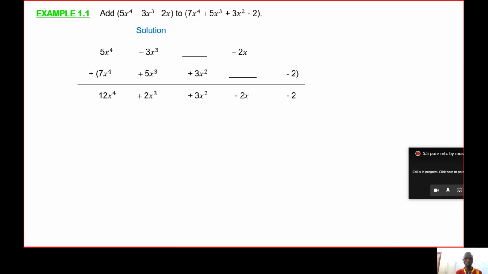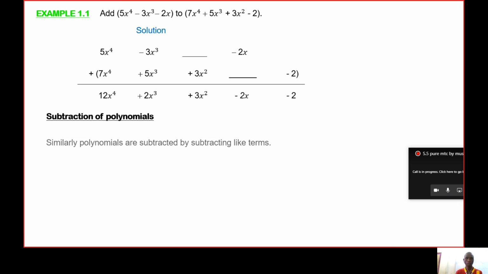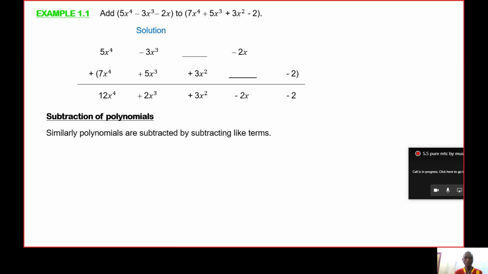So here I'm trying to show you how to add polynomials. But this is simply ordinary work. We have added this at O level, and we add after collecting the like terms. So let us look at subtraction of polynomials. We are saying that similar polynomials are subtracted by subtracting like terms.